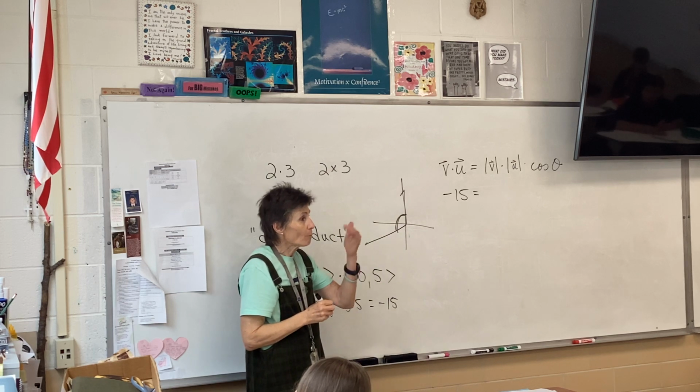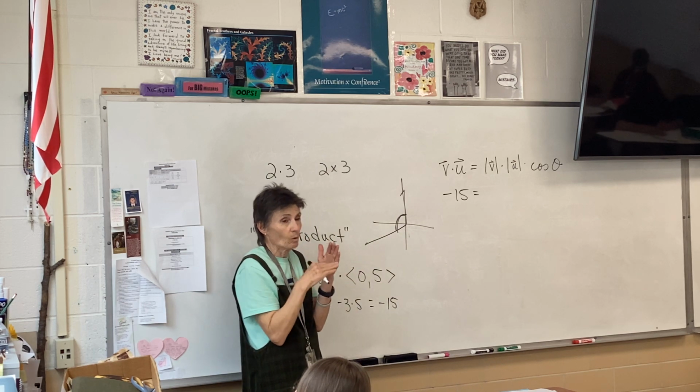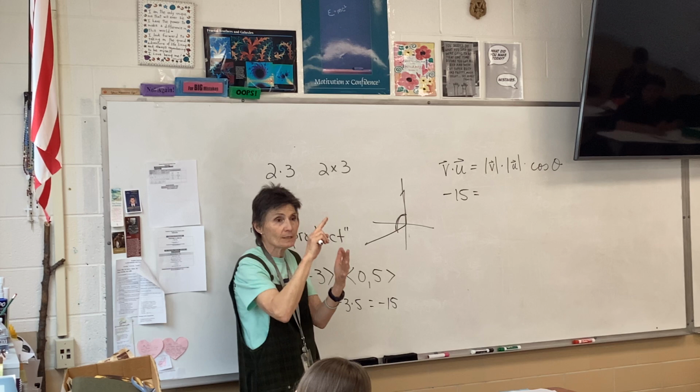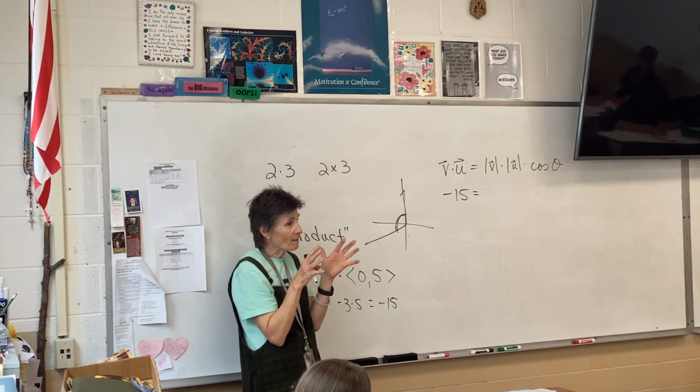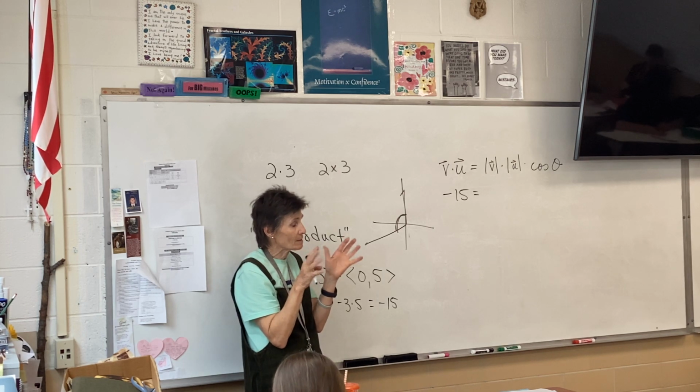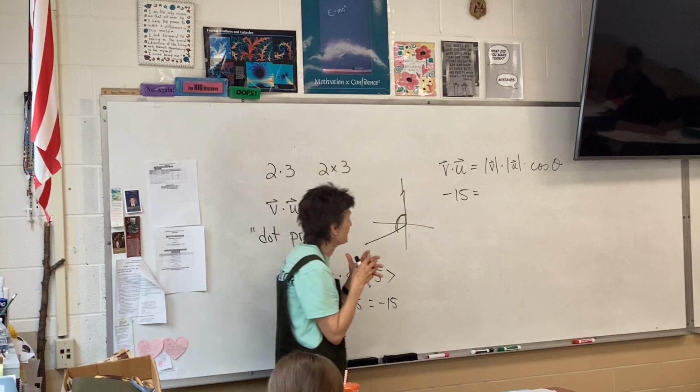So the dot product equals magnitude times magnitude times cosine. Now that can be proven mathematically. We're not going to do it because our hours are limited here.